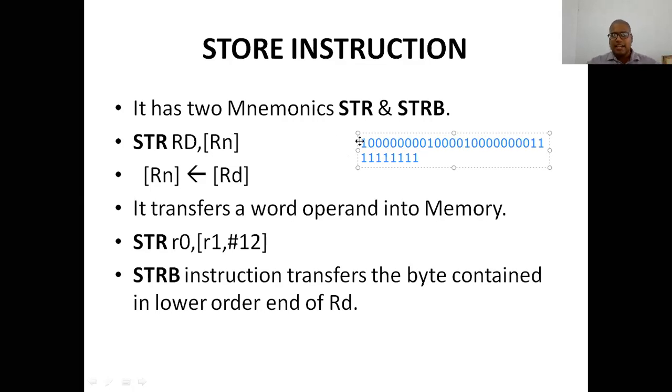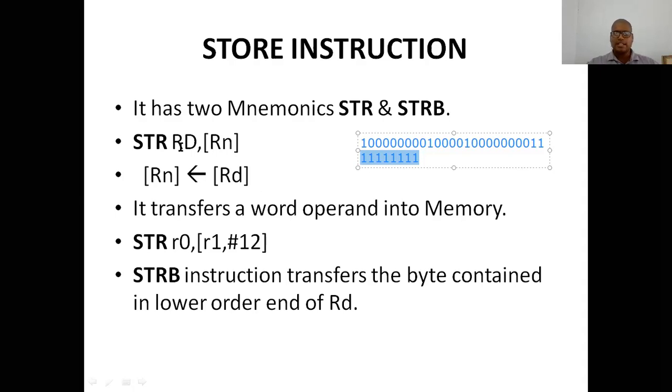Consider this entire thing as 32 bits; it may not be, but what I want to say is, though this is a 32-bit word, whenever I write strb, it transfers only the lower order 8 bits, starting from the 0th bit: 1 2 3 4 5 6 7 8. Only these lower order 8 bits are transferred. The rest of the bits are not transferred.